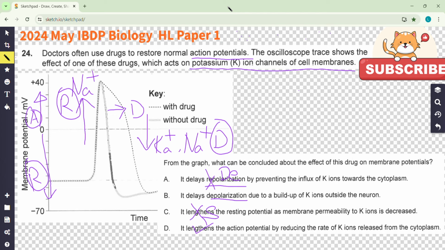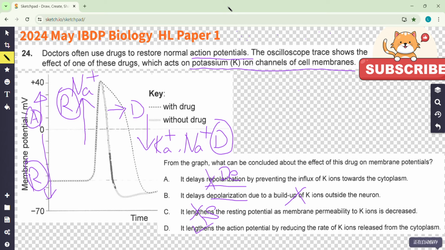Next one, it delays depolarization due to a buildup of potassium ion outside the neuron. No, no delay of depolarization is here. Does it delay by buildup of potassium ion outside the neuron? No, by not letting it go up.